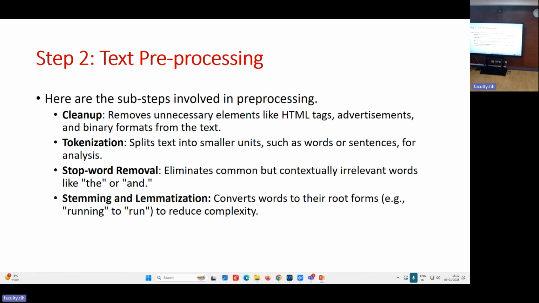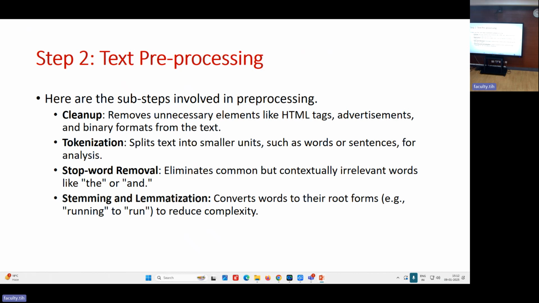After collecting your data, you need to pre-process your data. Since the data you have collected is not ready for a machine learning algorithm to process in that format, right? So for that, you need pre-processing. And in the pre-processing part, the very first stage is to clean up your data.